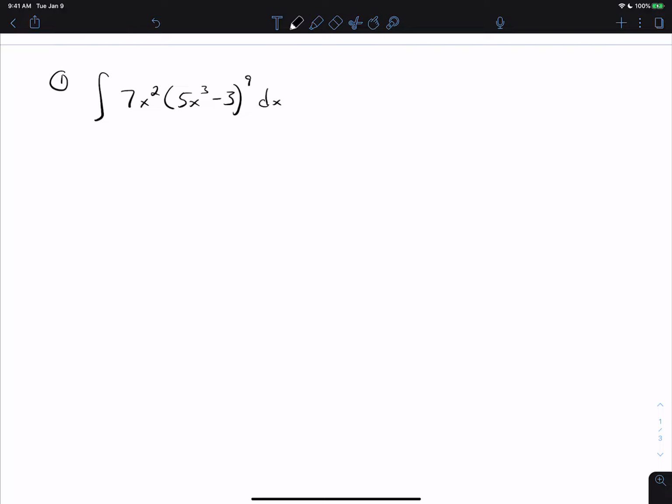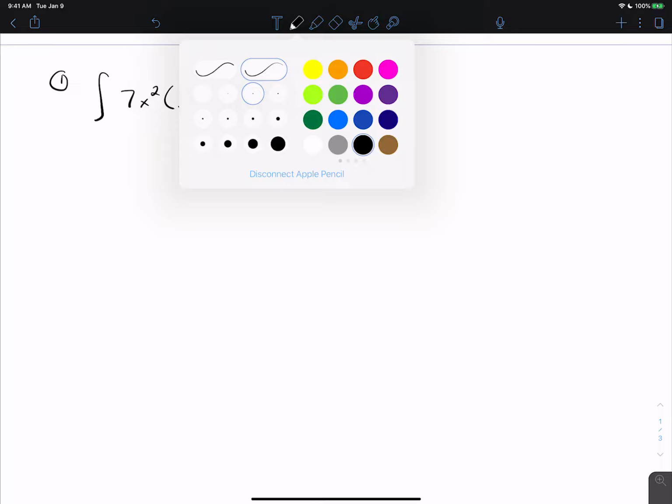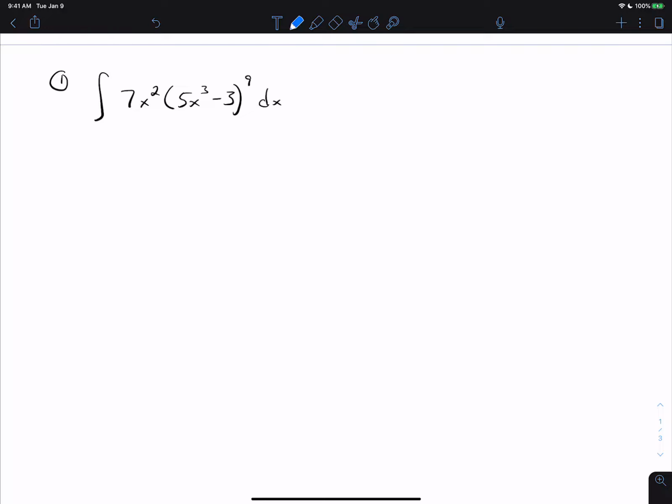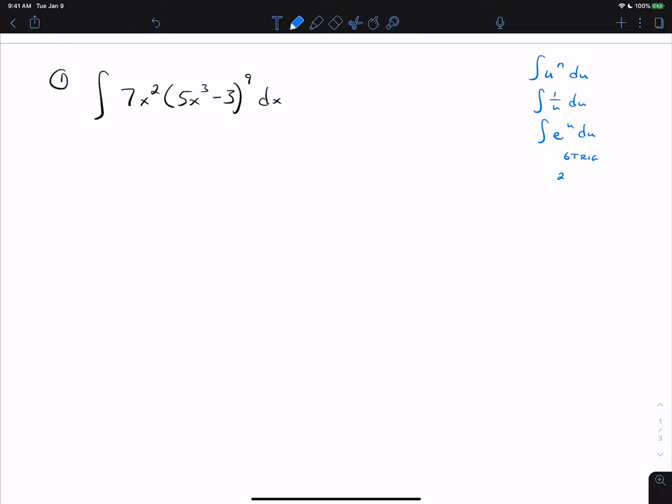When you're doing u-substitution, we're still going to match one of the 11 basic forms, but instead of the forms being like x to the n dx, we're going to want either u to the n du, we're going to want 1 over u du, or we're going to want e to the u du, and then we've got the 6 trig forms with u and du instead, and then we've got the 2 inverse trig forms with u and du instead.